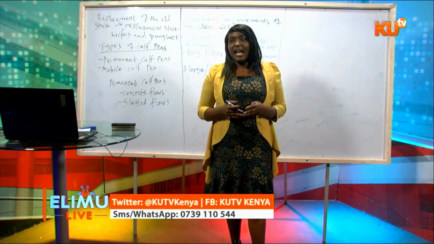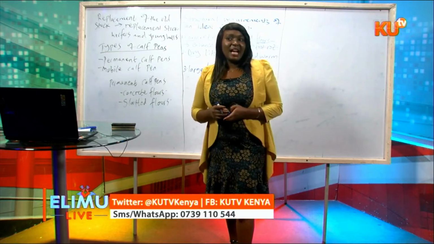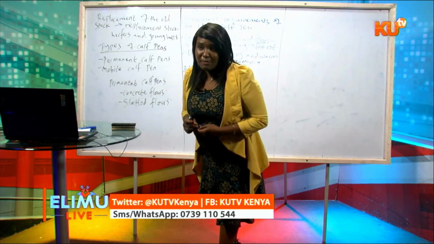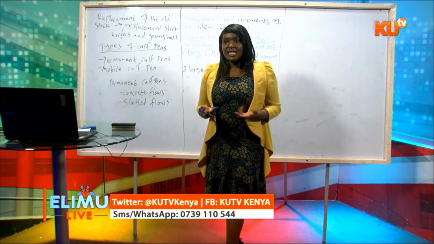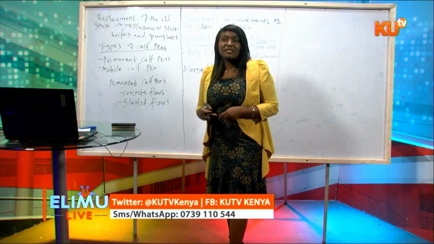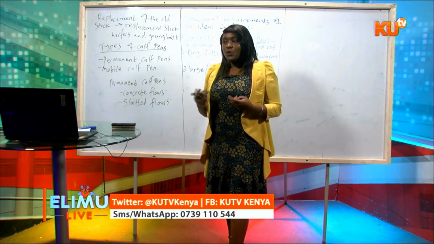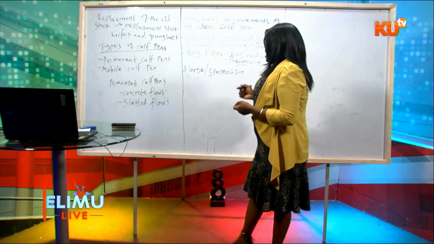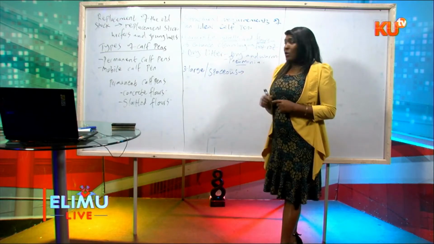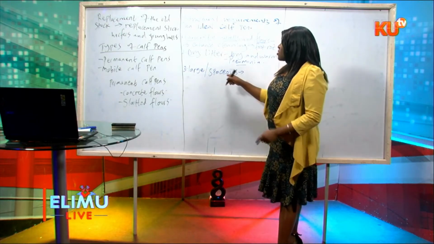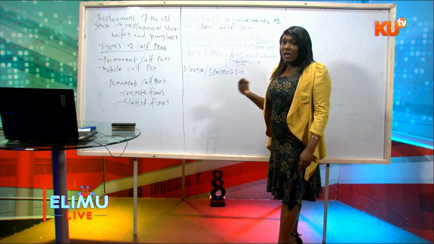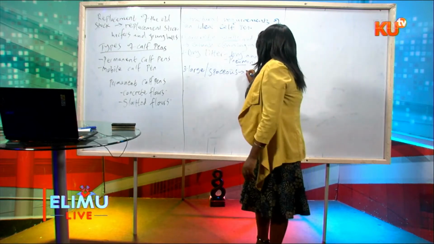At the end of the day, I really like relating animals to human beings. Why do you think we require a spacious house? Now, in the case of these cows, they require a lot of space for exercise.